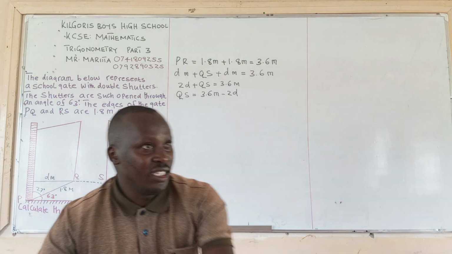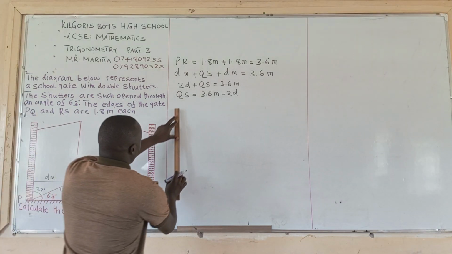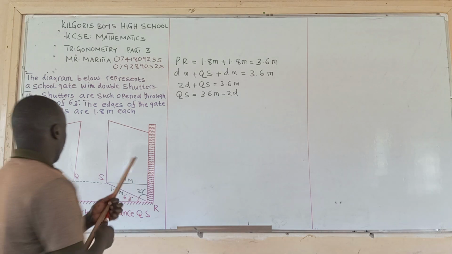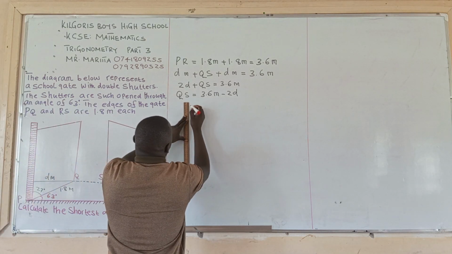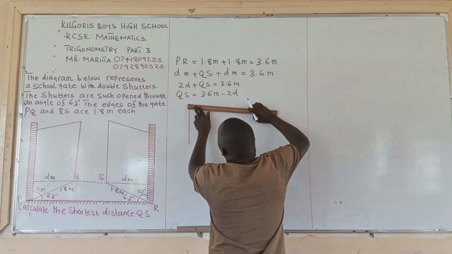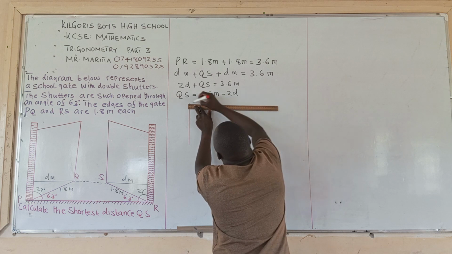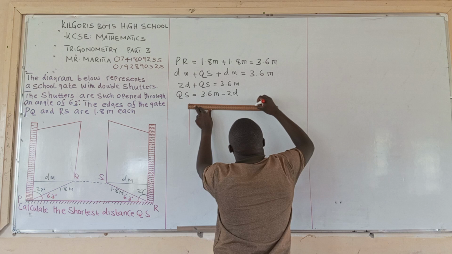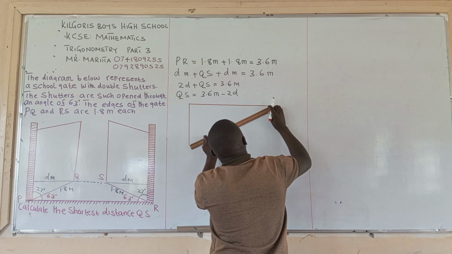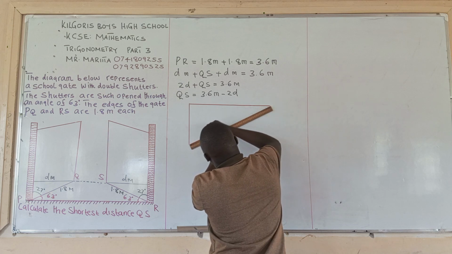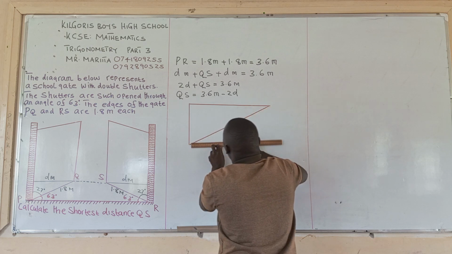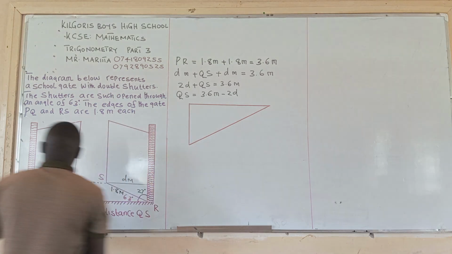So to find the distance d, let us have this triangle. So we can have that small triangle from there. So this is what we have.